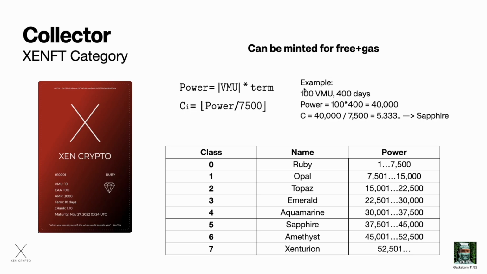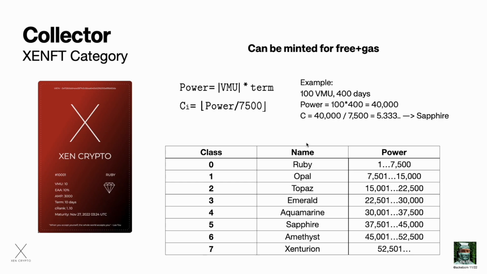For instance, if you take 100 VMUs and a mint term of 400 days, the power is 100 times 400, which is 40,000. Then to get the class, you take 40,000 divided by 7,500, which is 5.333, which leads to a sapphire because it's a 5 here. But you don't really need to do this last step. You can also see here by the power that it's 40,000, which is within the sapphire range.